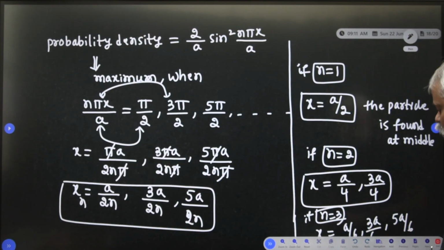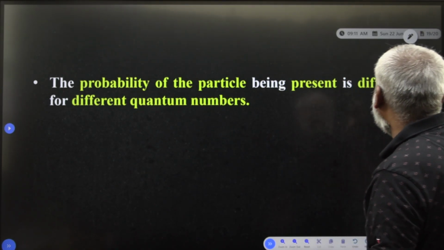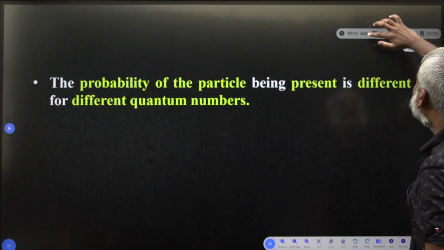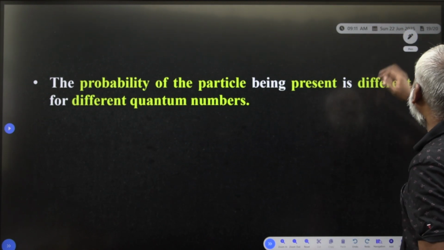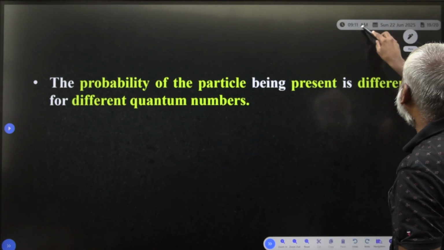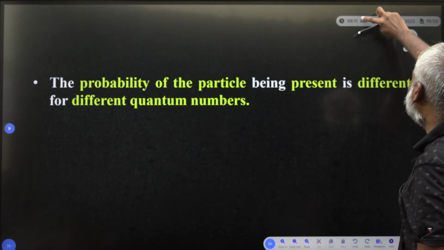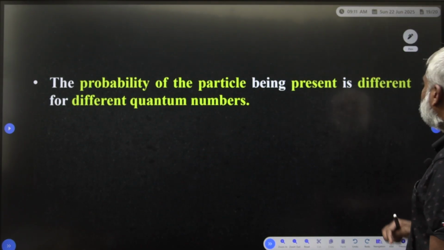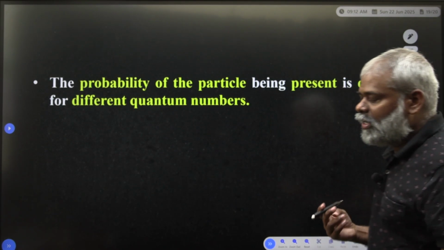Like this you have to do. From this we conclude that the probability of the particle being present is different for different quantum numbers.